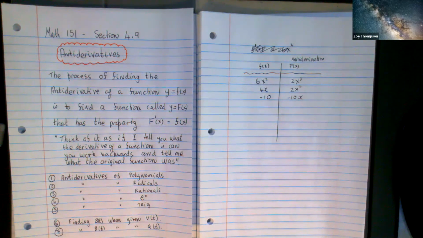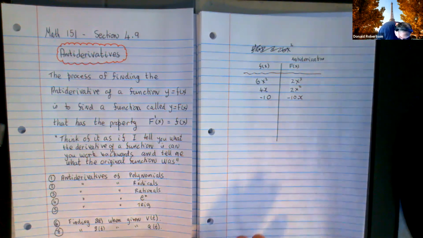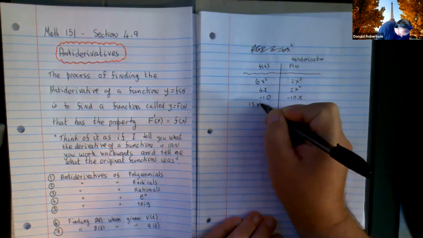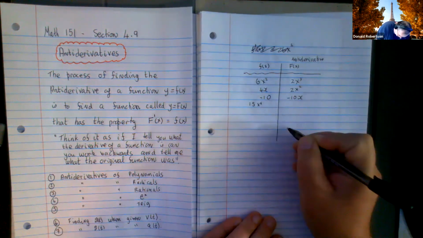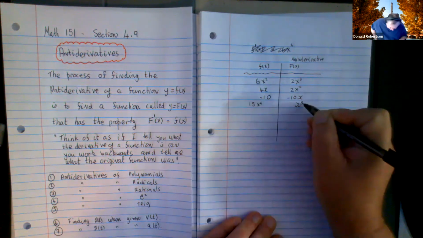Add 1 to the exponent and divide the coefficient by that. That's pretty much it. Zoe nailed it. You add 1 to the power and then divide by the new power. See how that works. If I gave you 15x to the 4, you would add 1 to the power and then divide by that new power.